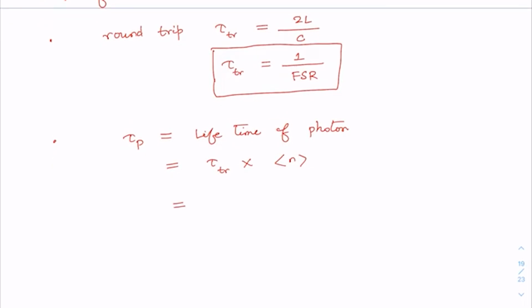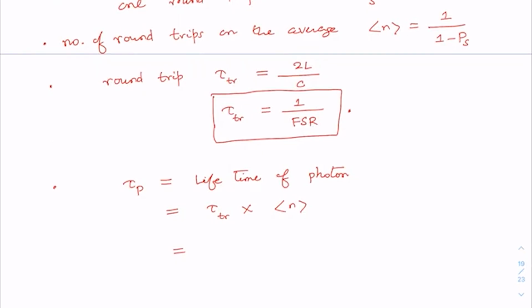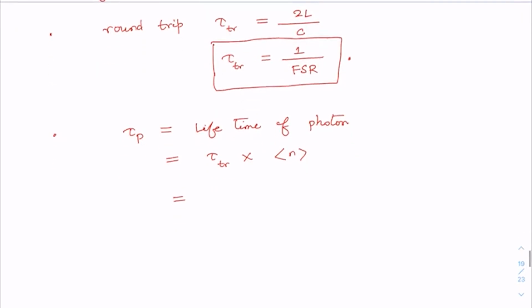So using the expression that we derived here, the photon lifetime is 1 divided by free spectral range into 1 minus PS.